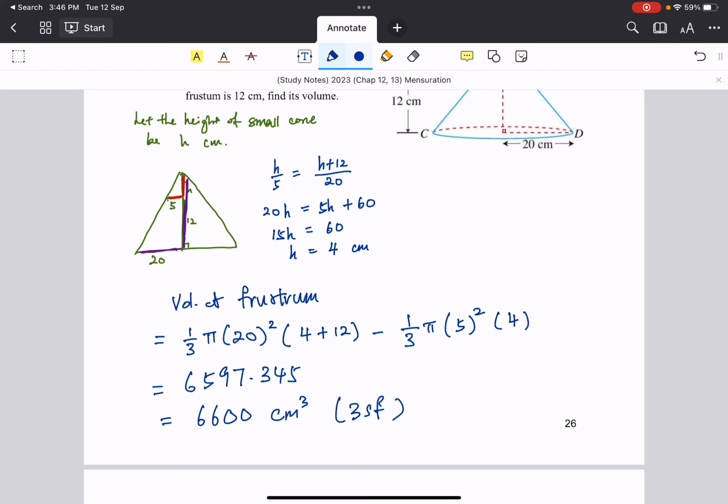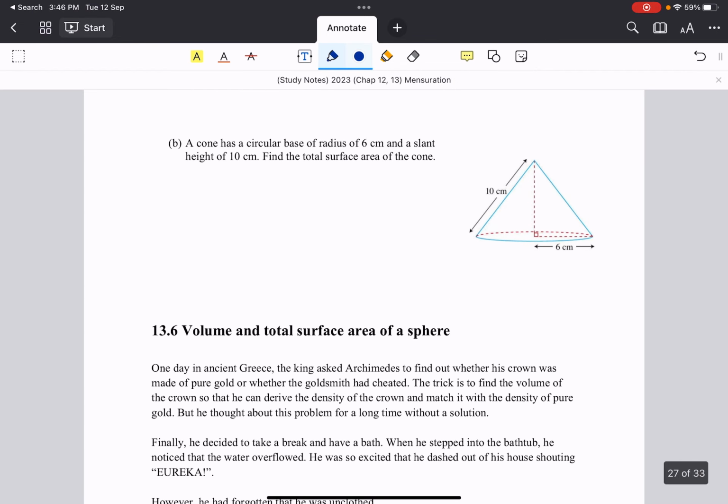But we have another example on cone, so let's take a look. Here we have another cone. This time round it has a slanted height of 10 cm, and we want to find the total surface area. So applying the formula again, total surface area is equal to pi r squared, which is the base, plus pi r l.